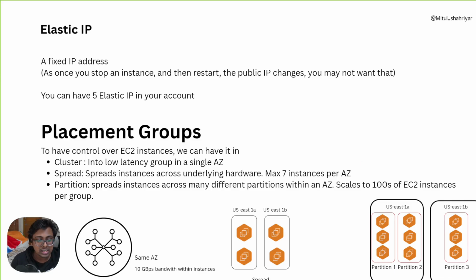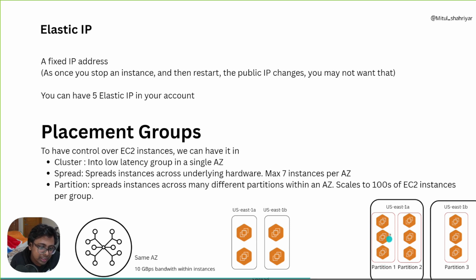Now talking about another option, which is called partition. Partition gives you much more flexibility. Within one availability zone there can be multiple partitions, up to 7, and each partition can have multiple EC2 instances, so it helps you scale things up.